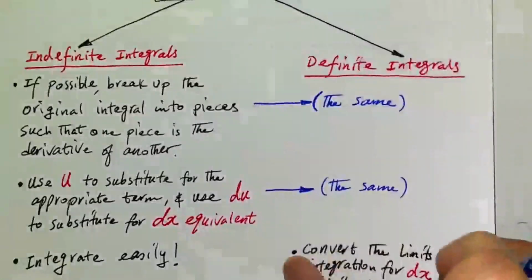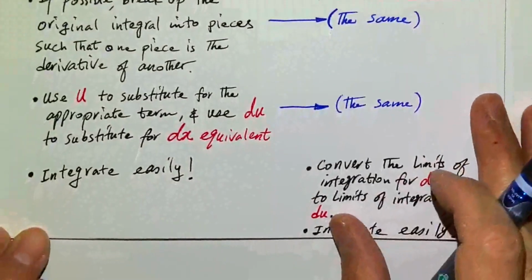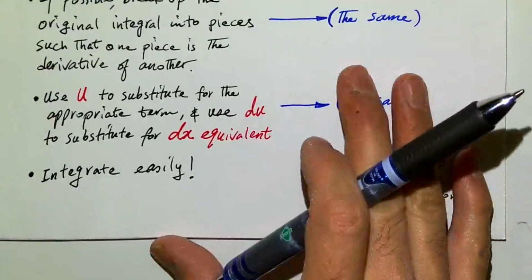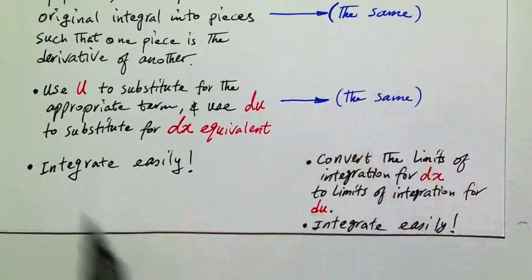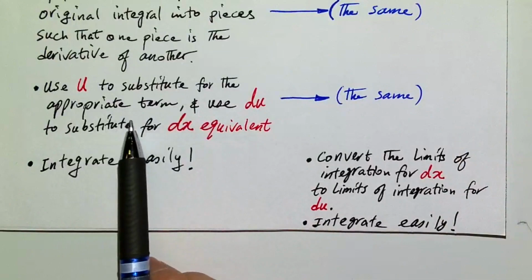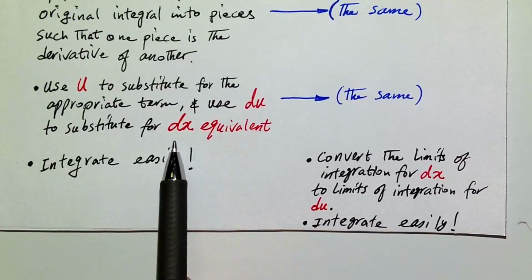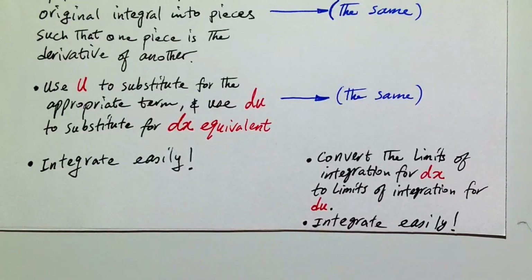Then we use u. We can use any letter really, but the authors in your book use u, and that's what I will talk about. Use u to substitute for the appropriate term, and use du to substitute for the dx equivalent. Sometimes you can substitute for dx directly with du, but not often.